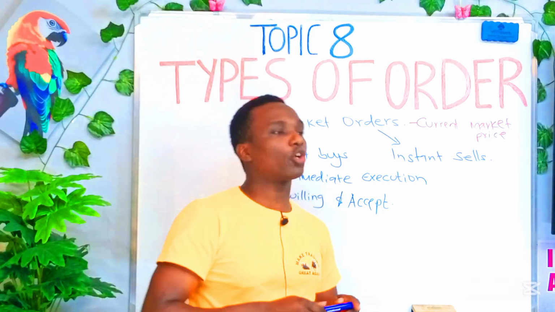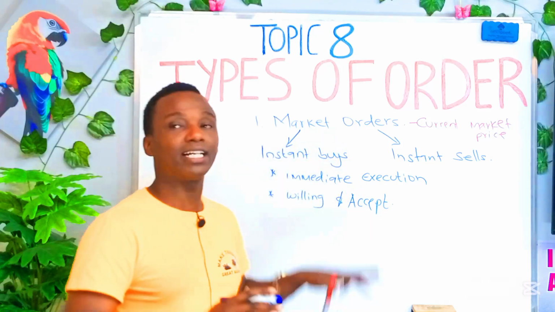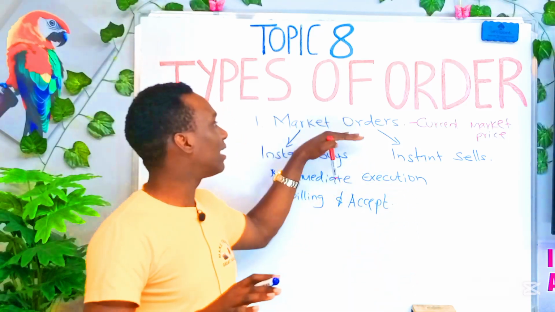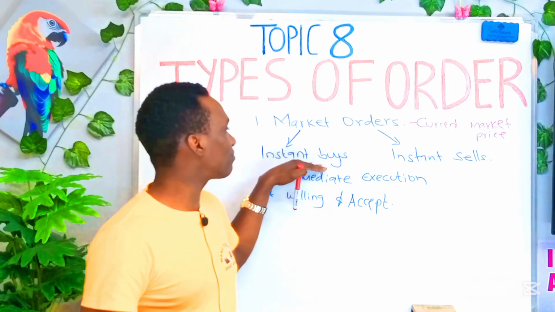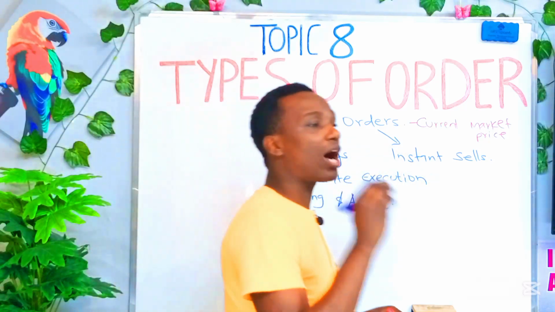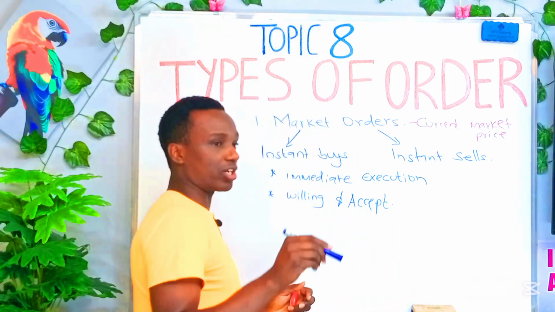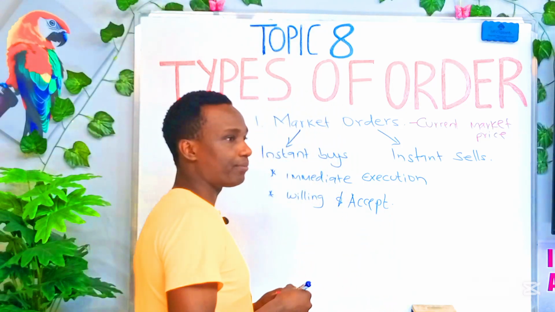So there are advantages and disadvantages of trading the markets at the current market price using market orders, the instant buys and the instant sells. The advantage is that you are guaranteed to enter the trade at the best available market price.